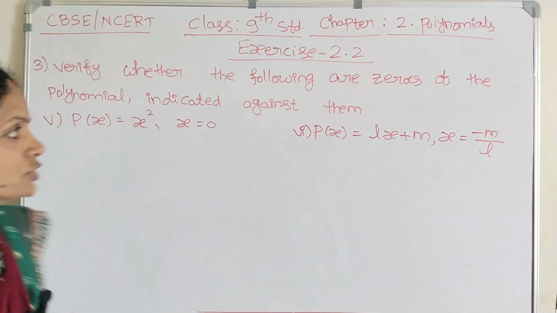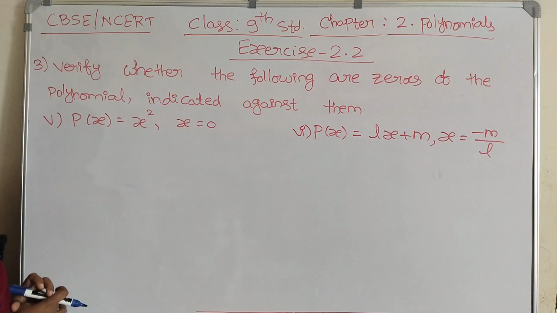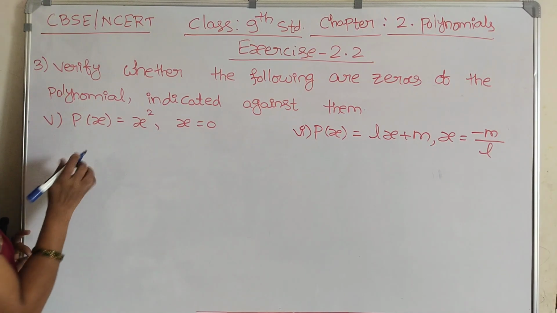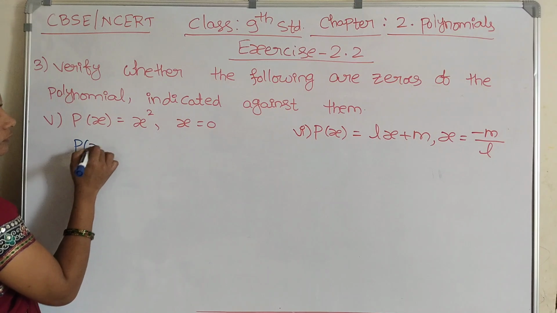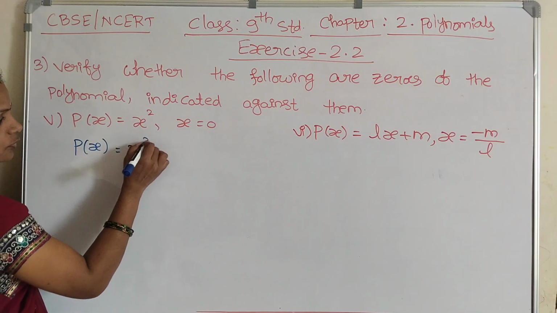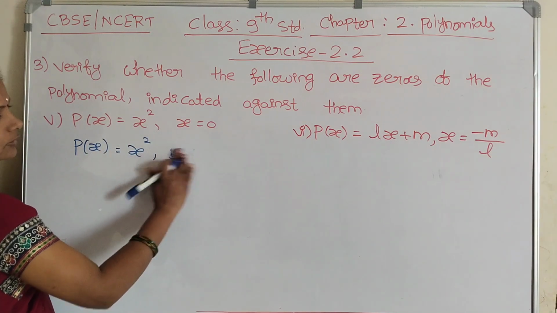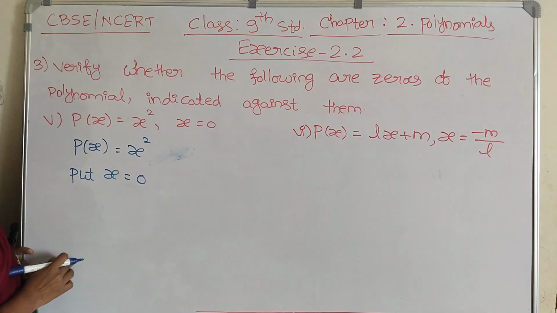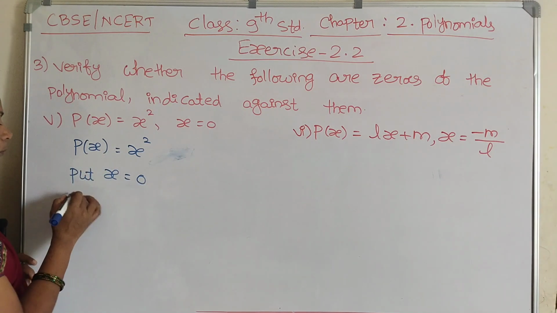Let us solve the next question of the third one, the fifth bit. We are going to solve P of x is equal to x square. Put x is equal to 0 in the above polynomial.